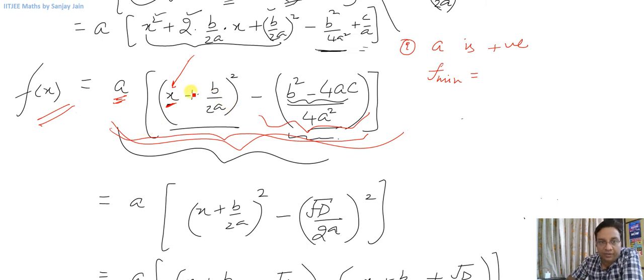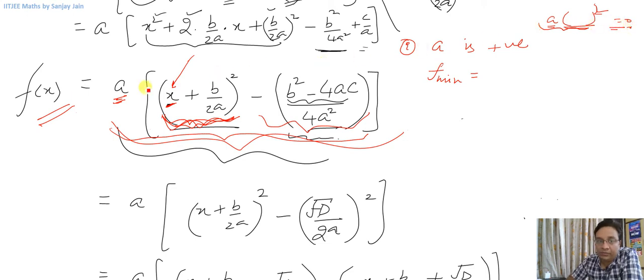Okay, it will have minimum value when this expression becomes 0, right? Because this is a non-negative expression, right? This is square of something. So the minimum it can have is 0. Minimum value it can have is 0. Okay, and there is something positive multiplied with it. Still the minimum value that it can have is 0.